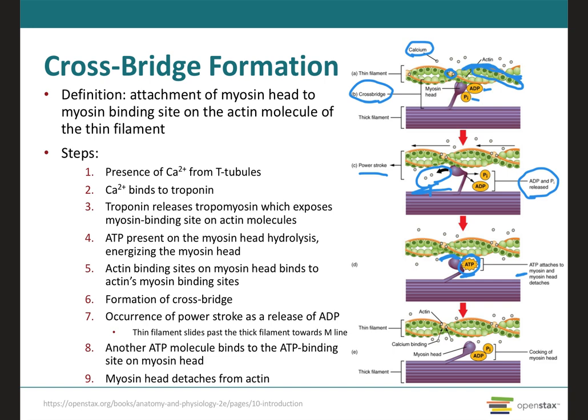And in this way, the contraction cycle is able to repeat, as now you have a new ATP, and therefore the ATPase is able to break down this newly bound molecule of ATP, and it continues as long as ATP is available and as long as the calcium levels near the thin filament are sufficiently high to be able to bind troponin and release the myosin binding sites on the actin.